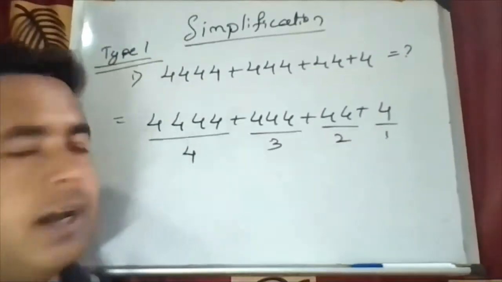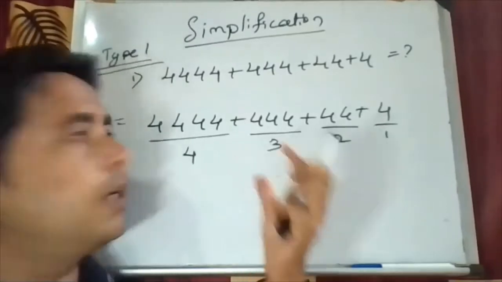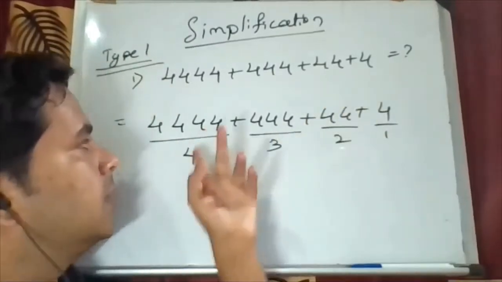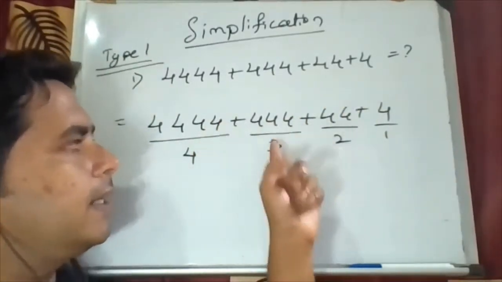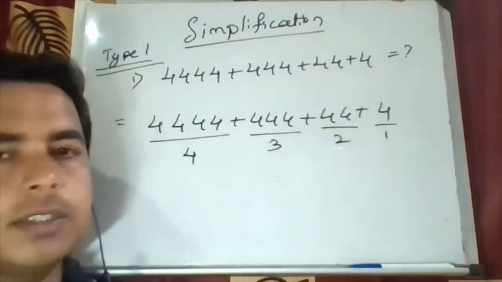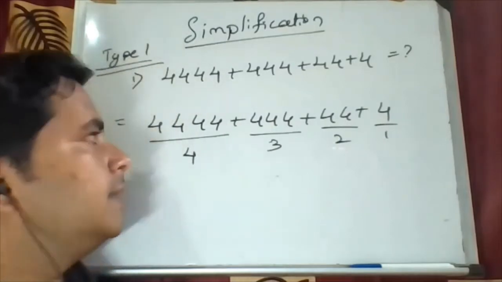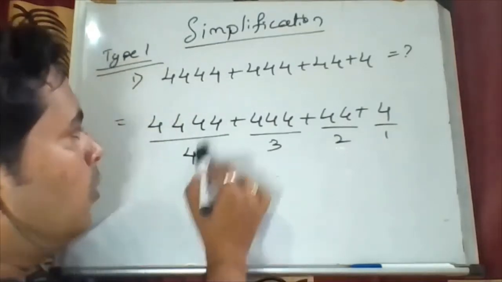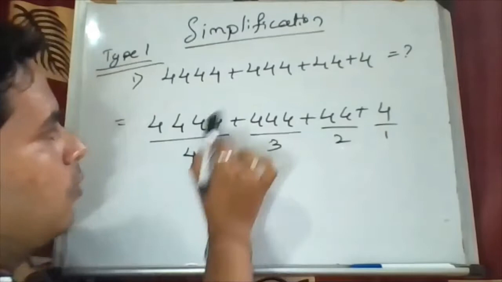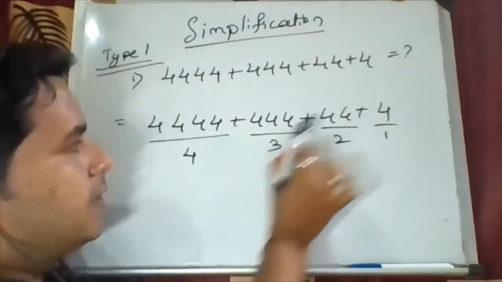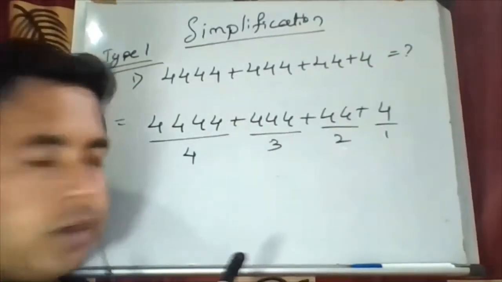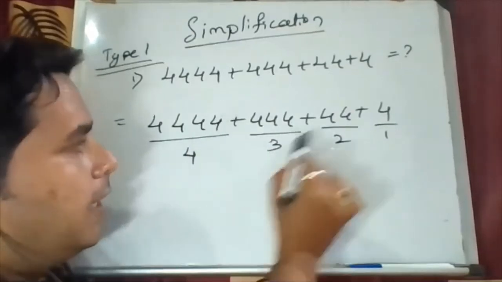Just write how many total 4s are there in each of those sections. Then what you have to do is multiply only with the unit digit, and you have to maintain the order: 4, 3, 2, 1.